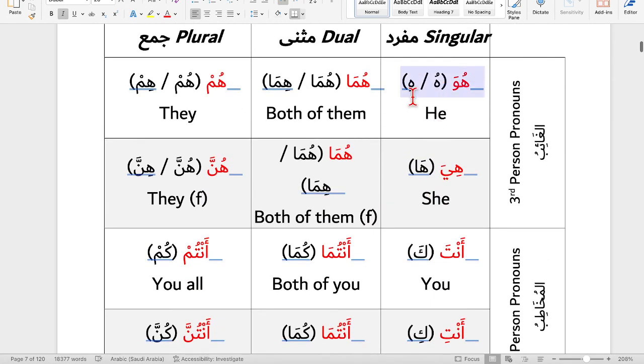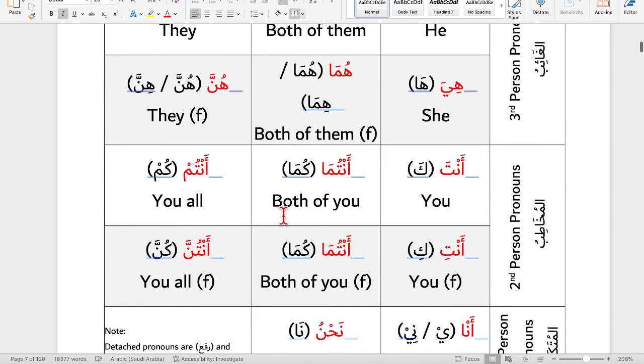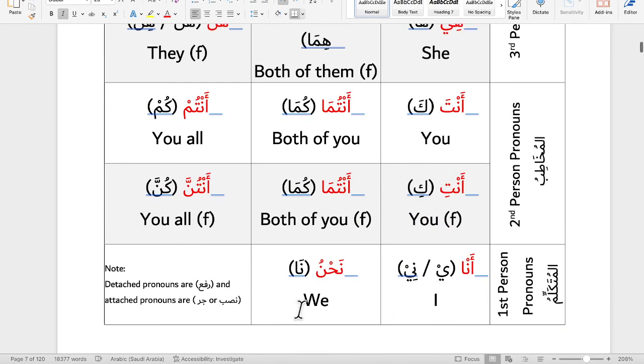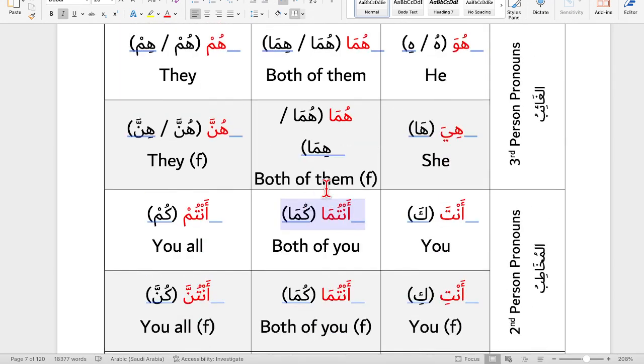For example, Rabbuhu, Rabbuhuma, Rabbuhum, Rabbuha, Rabbuhuma, Rabbuhunna, Rabbuka, Rabbukuma, Rabbukum, Rabbuki, Rabbukuma, Rabbukunna, Rabbi, Rabbuna. And the meaning will change.